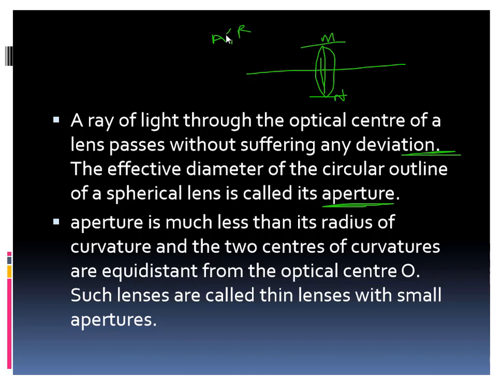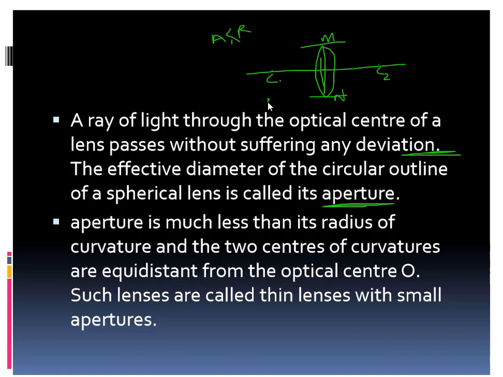So aperture is less than radius of curvature, and the two centers of curvature are equidistant from the optical center O. Suppose this is one center of curvature C1 and this is the second center of curvature C2. From the optical center, the distance of C1 and the distance of C2 are the same.